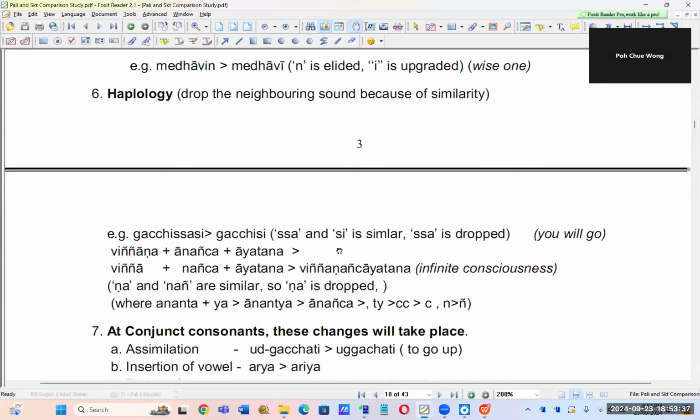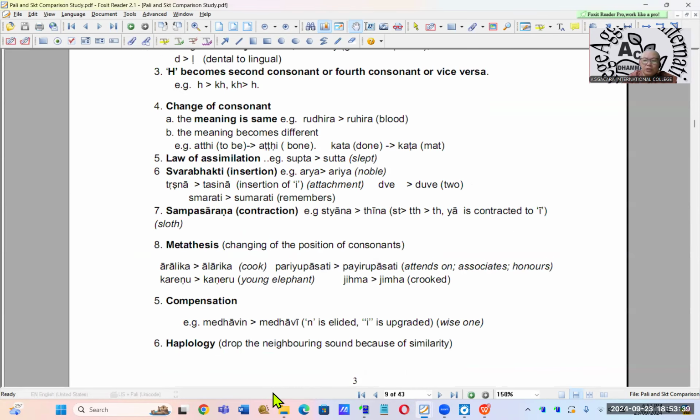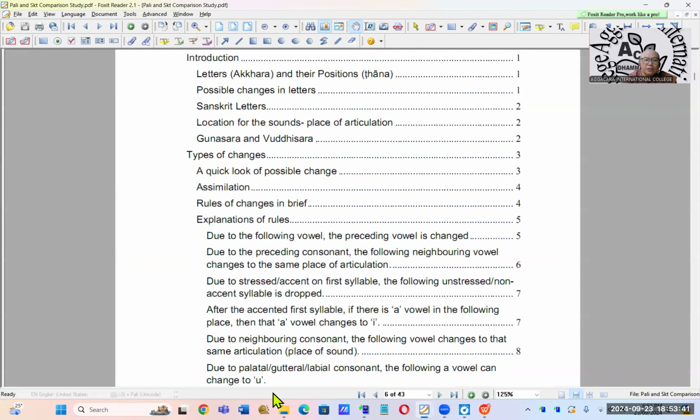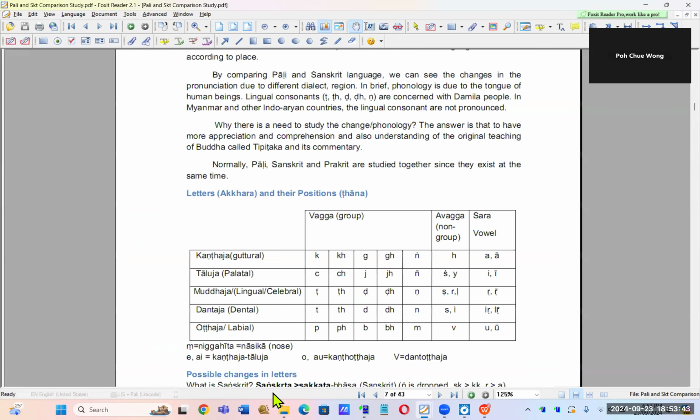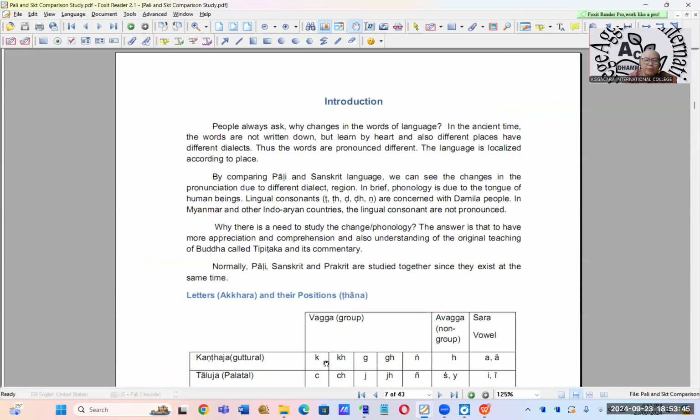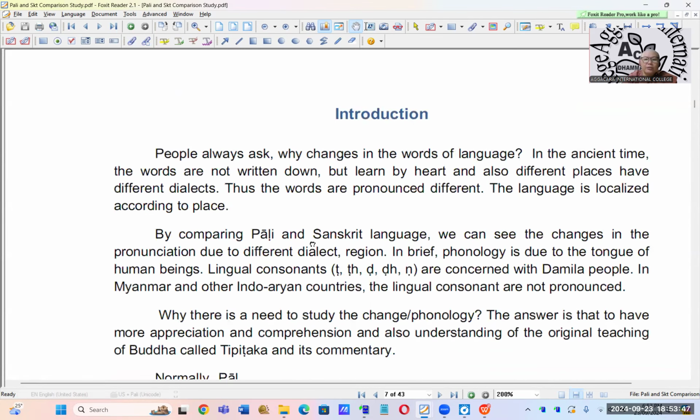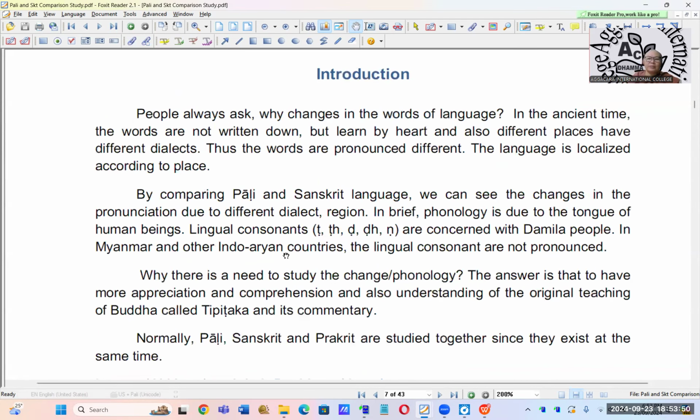Yeah, because you already say Pali is a natural language. Pali is actually a dialect, you know. Sometimes we say, what is Pali? Pali will change due to the different ways of people speaking and due to localization.